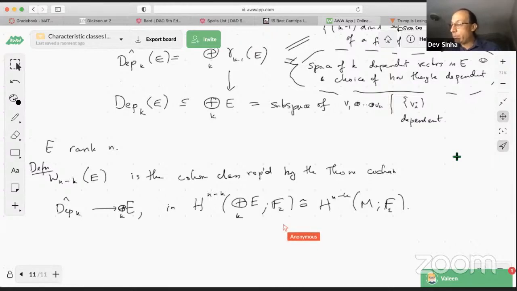What this equivalence is, well, we know in one direction we have a chosen projection for the bundle. In the other direction, which is what we need to map from the cohomology of the total space of the direct sum of k copies of E to the cohomology of M, we need to map the other way. So one thing we can do is use any map in the other direction, but the direct sum of sections of the bundle.